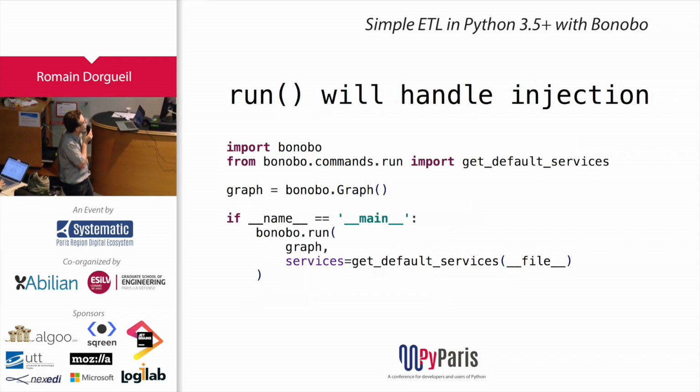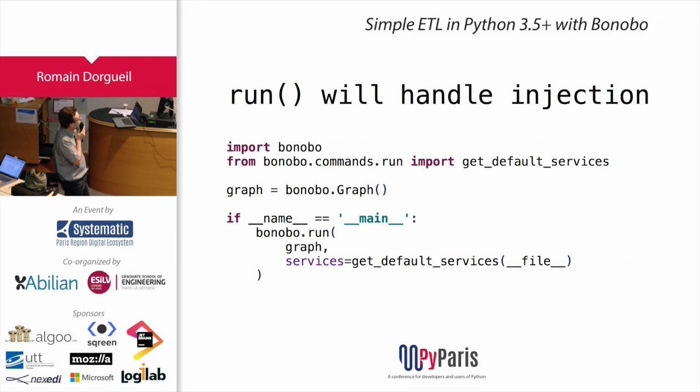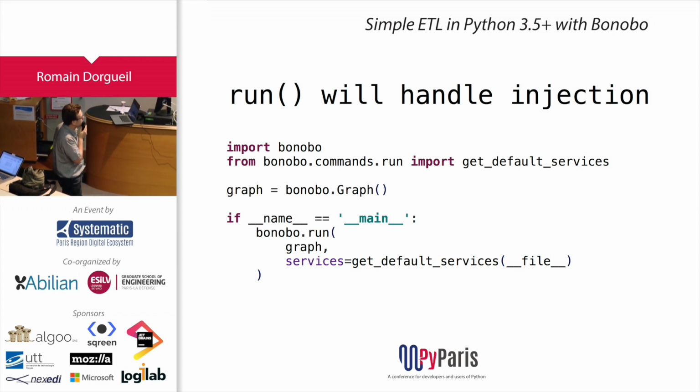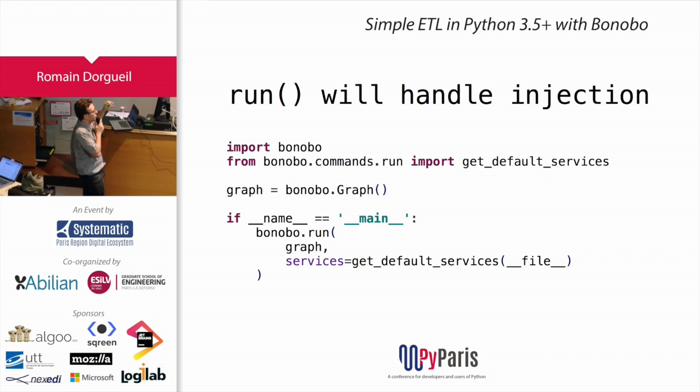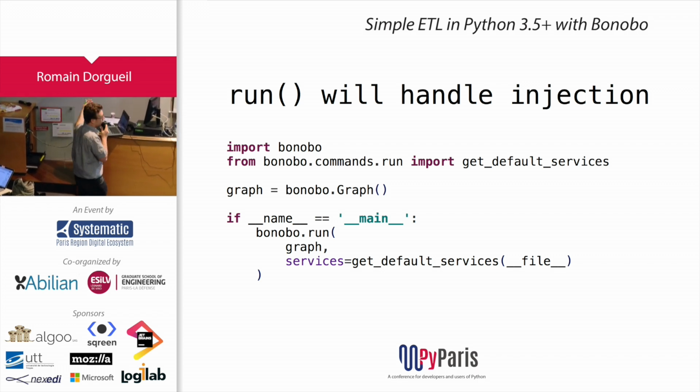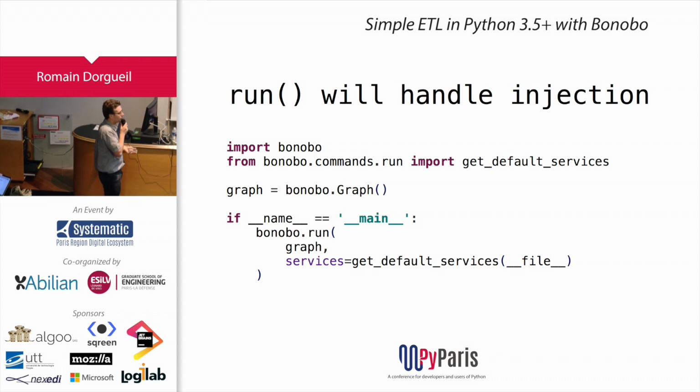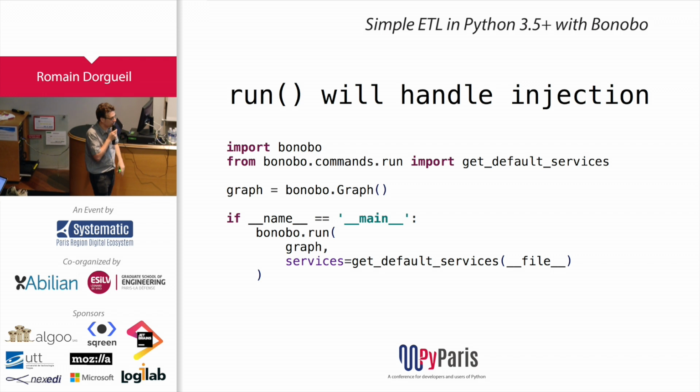Oops. So run will handle the injection. It's not really dependency injection because we provide a dumb dictionary and everything is instantiated every time. But as it implements the dictionary interface, you can replace that with something much more evolved.